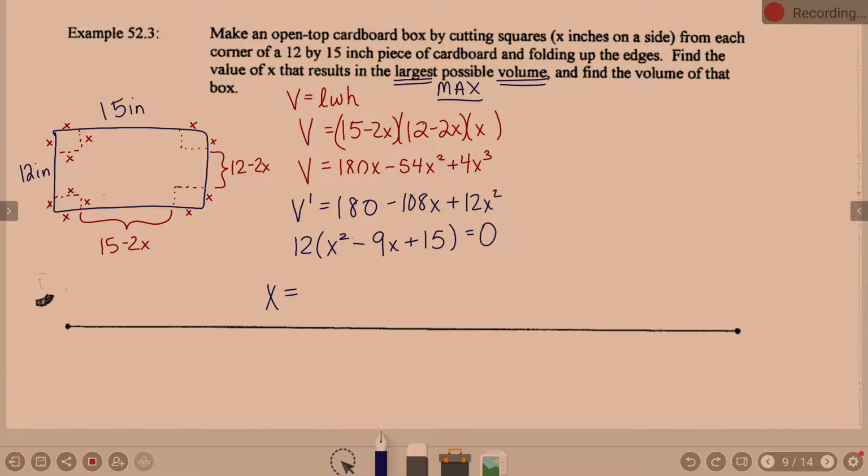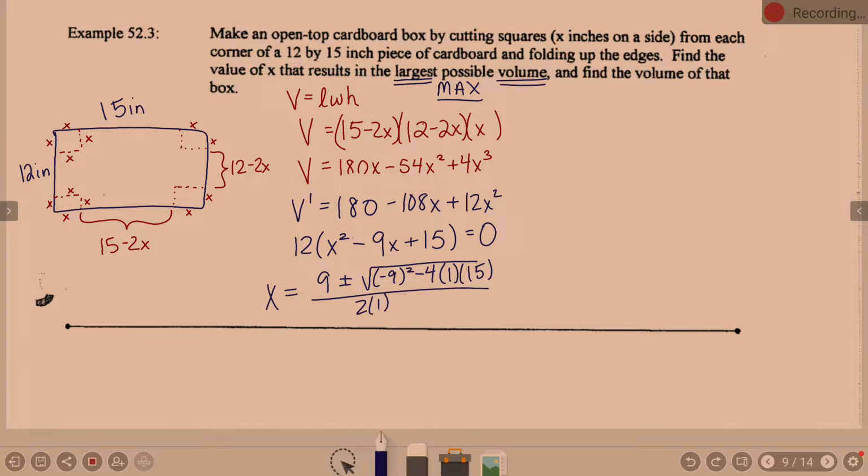So the formula is negative b, which is 9, plus or minus the square root of b squared minus 4ac, all over 2a.